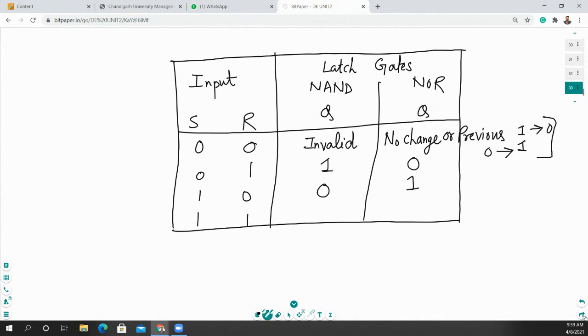Okay, and when you apply 1 1, for the NOR it is called a no change state, or we can say it is the previous output, and for the NAND this is also an invalid type of output. So you have to remember this flip flop output.